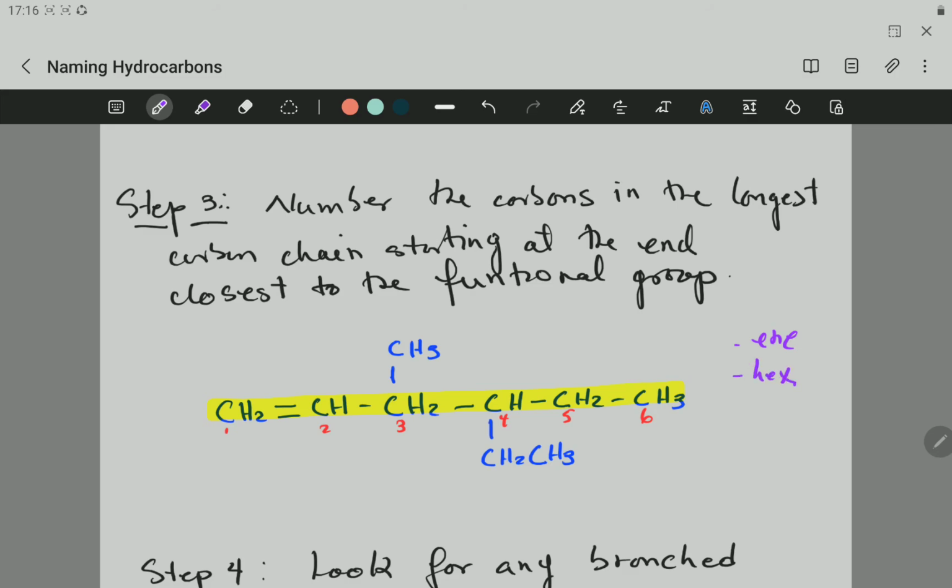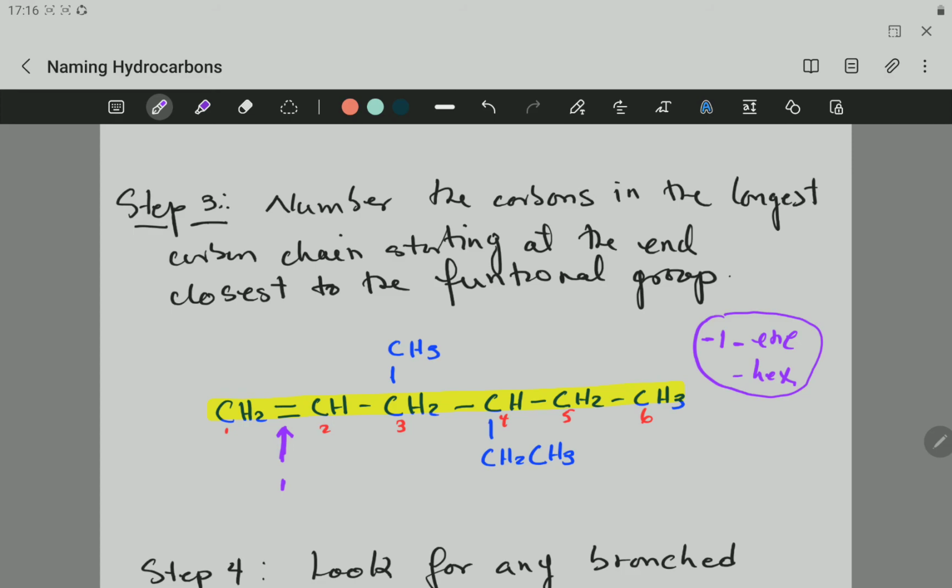But now we counted: the double bond is in the first carbon, so we have to write down in what number carbon the functional group is. So this is going to be 1-ene, because the double bond, the "ene", is in carbon 1. Remember, from here, you have to write down in what number is the double bond, which in this case is in the first carbon.